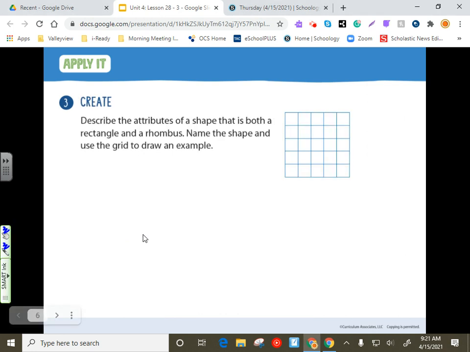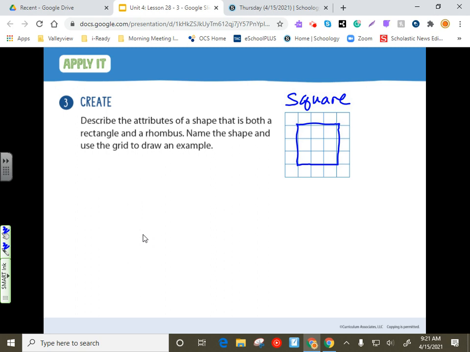So this is pretty simple. Describe the attributes of a shape that's both a rectangle and a rhombus. It's really simple. You can just create yourself a square, and this counts as a rectangle and a rhombus by its definition.